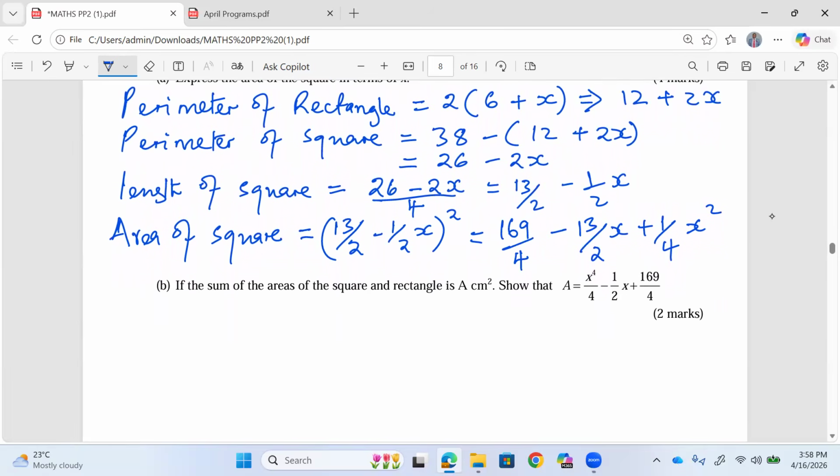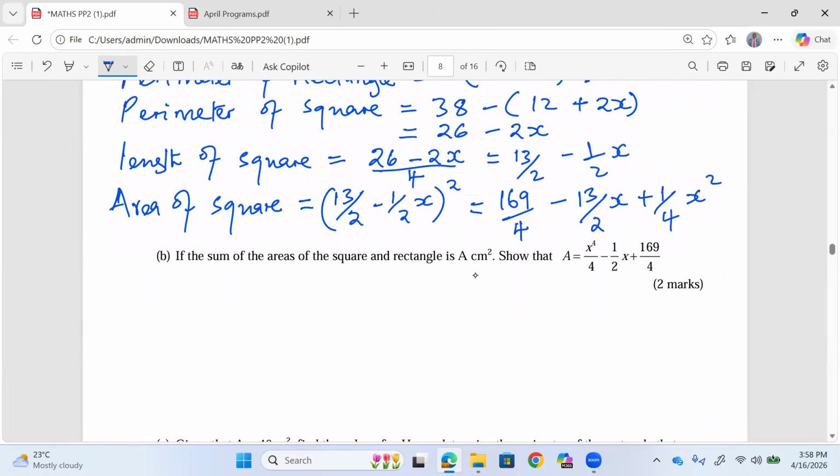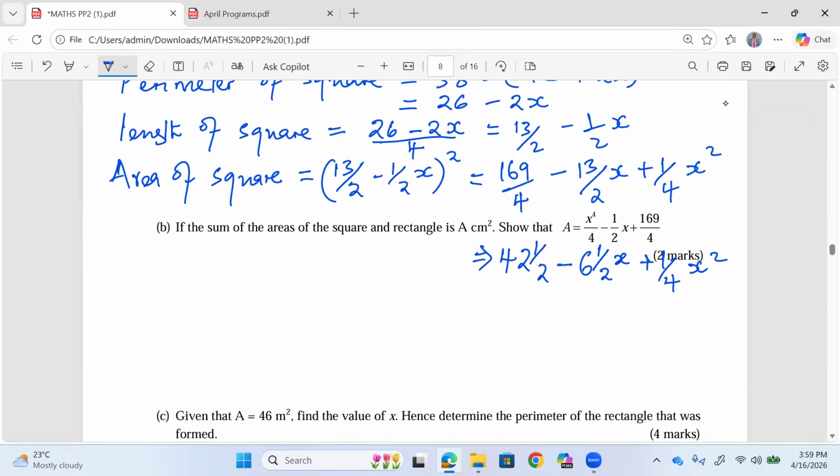So we can write a simplified expression whereby area of the square now becomes 169 over 4, this can be written as 42 and a quarter, minus, instead of 13 over 2, we can have 6 and a half x, then plus a quarter x squared. So that is now the area of the square.